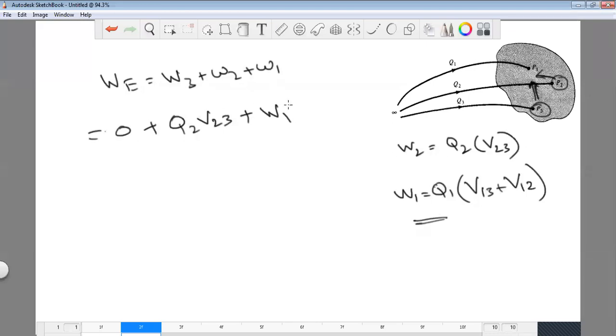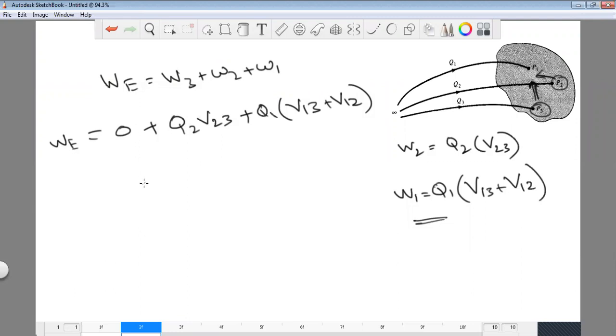So this is the total work done when the three point charges Q3, Q2 and Q1 are placed at points P3, P2, P1.